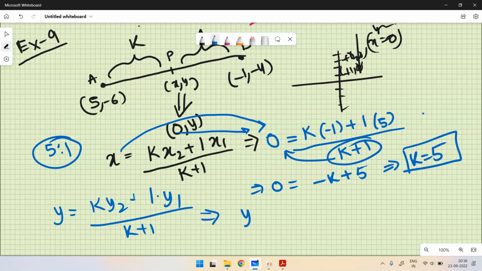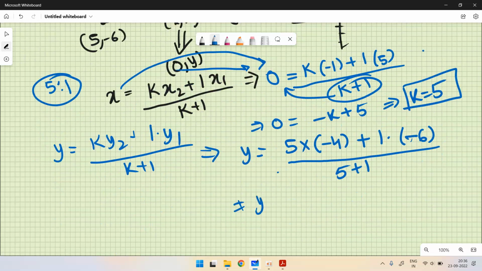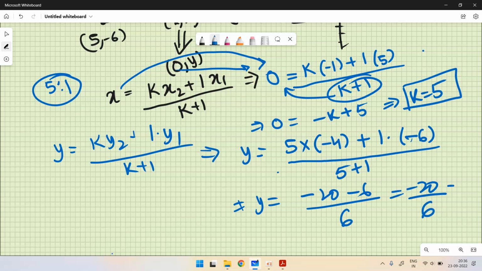Substituting k, y is 5 into y2, which is minus 4, plus 1 into y1, which is minus 6, by k plus 1, that is 5 plus 1. If you solve this, y equals (minus 20 minus 6) by 6, minus 26 by 6, which is minus 13 by 3.